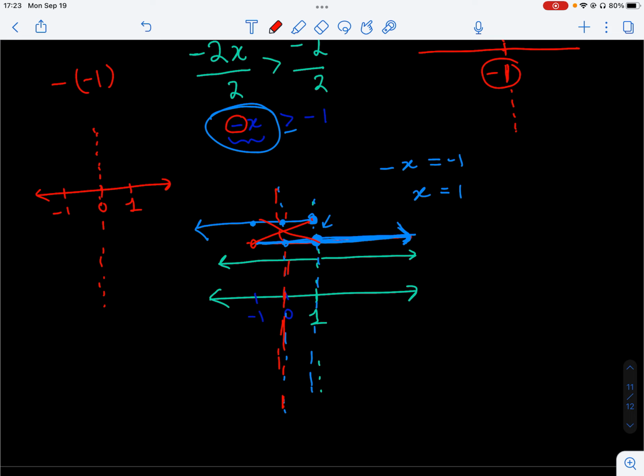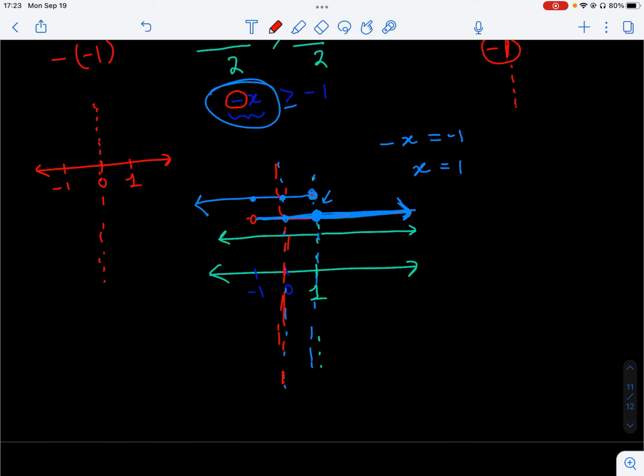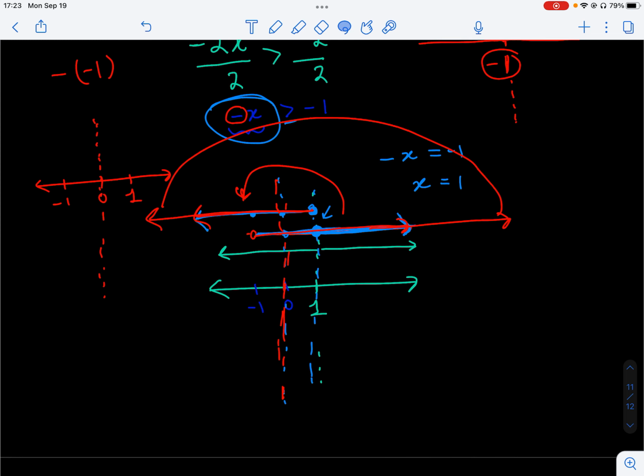These points are flipping to their opposite parts. What you may notice also is that, because we're doing this flipping motion, our inequality, instead of being greater here, is now going in the opposite direction. As you get bigger and bigger further along on this side, you will also get further negative on this side, because you were just flipping it.